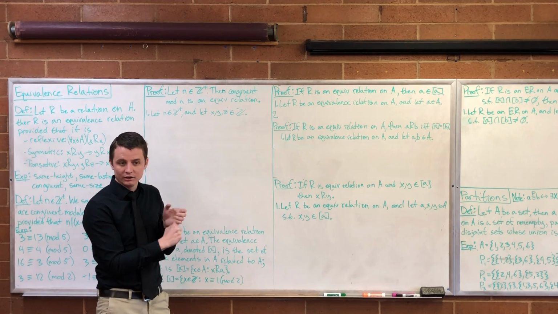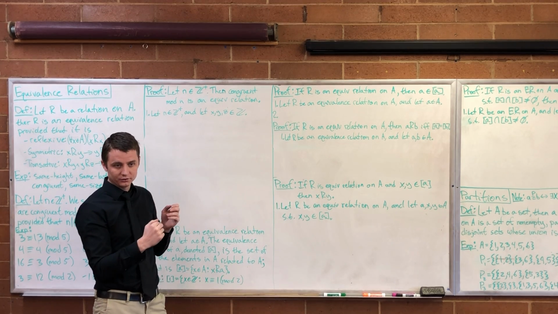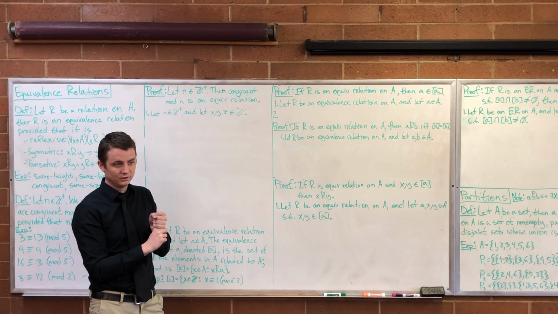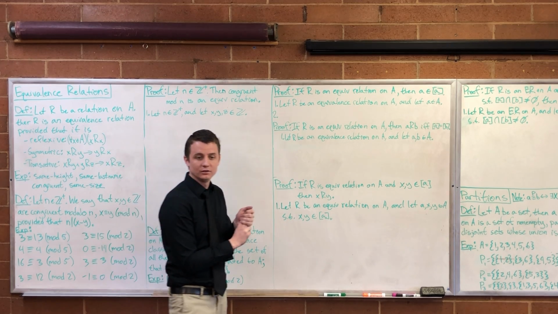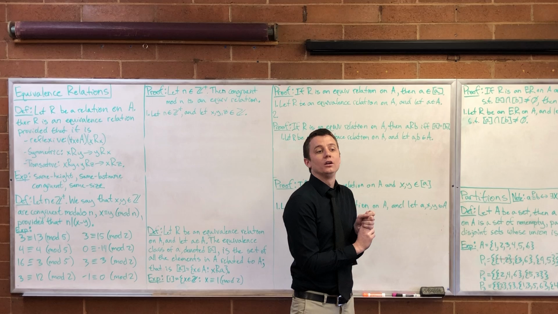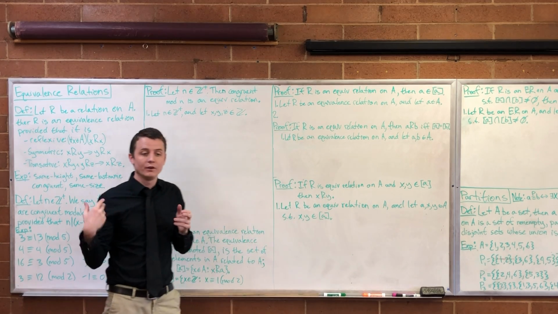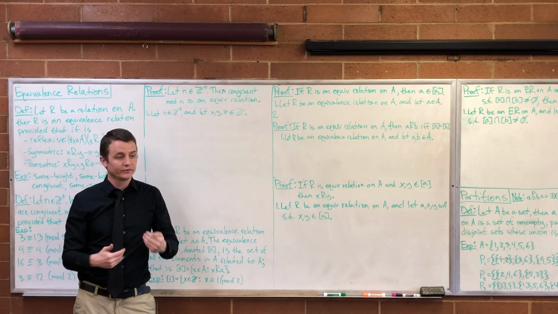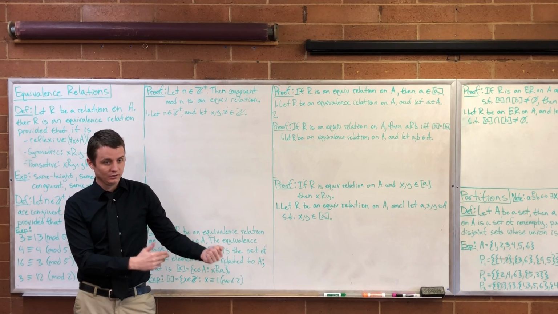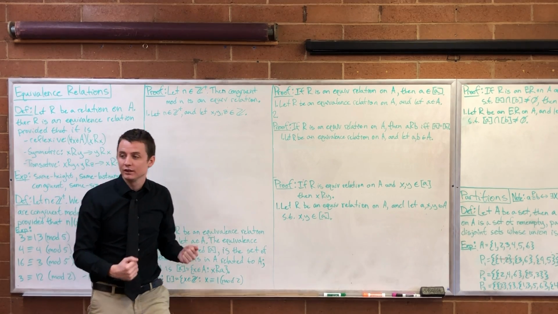When every element in the set is related to itself. What's irreflexive? When every element is not related to itself. It doesn't matter if you can find one element not related to itself. It has to be the case for every element.